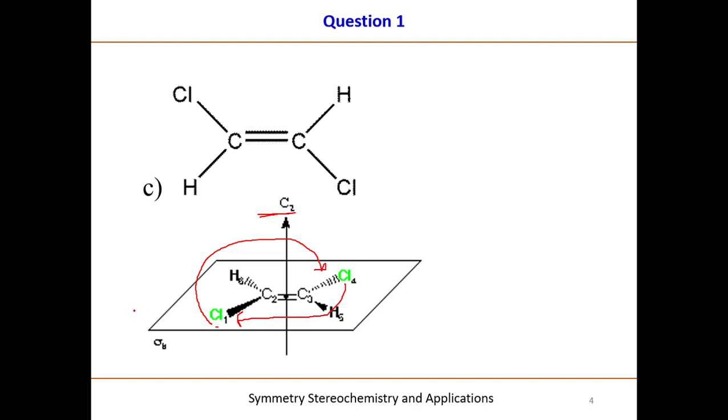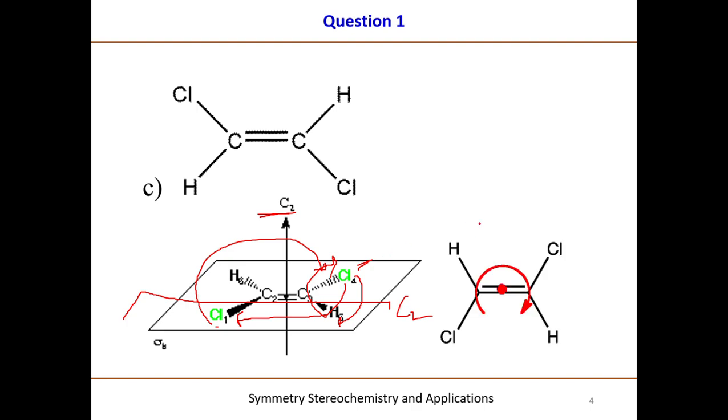No. If we pass an axis from here, what will happen? This chlorine comes to this side, and this proton will go to that side. So in the original one we have chlorine here, but if we rotate by a C2 axis or any other axis, we will get H here. That is not an indistinguishable image of the original one. That's why this C2 axis is not valid.